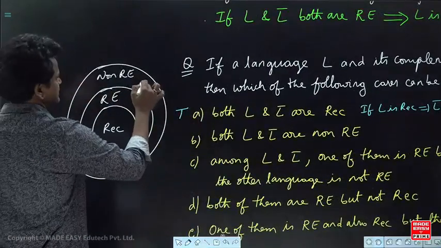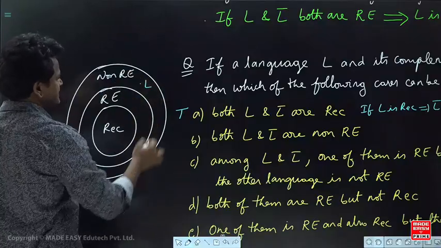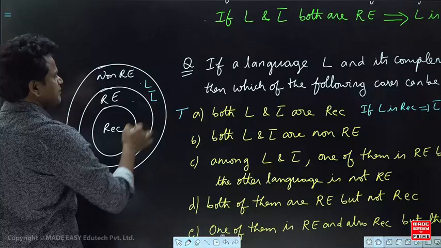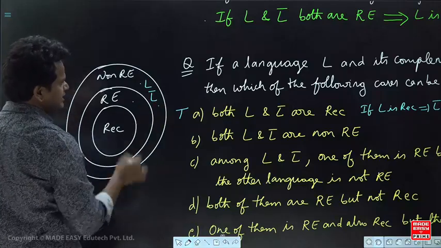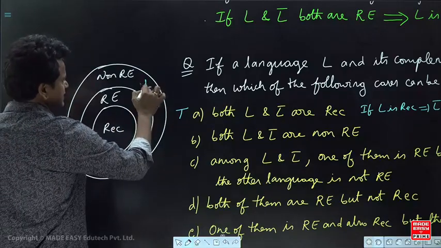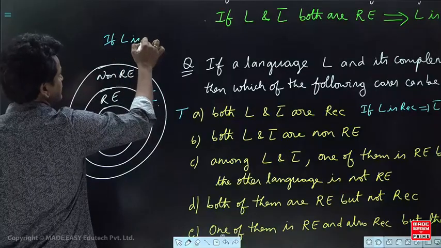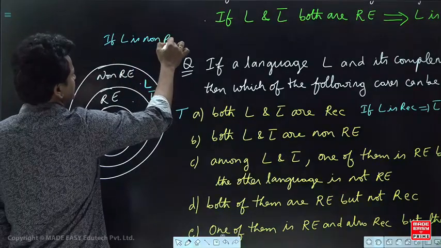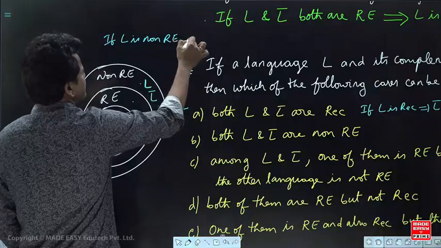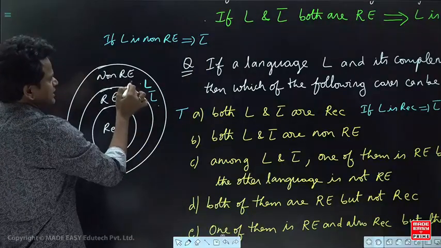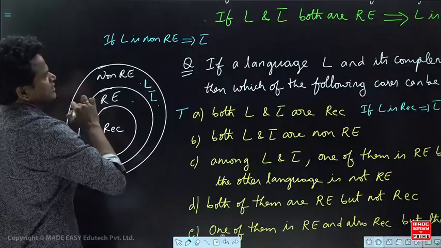Suppose a language is here. Its complement may be here. If L is non-RE, it implies its complement need not be non-RE. It can be RE, it can be non-RE also.